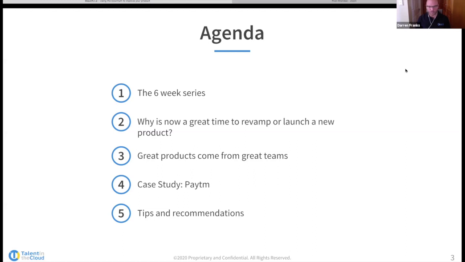I'm not going to spoil it because there are some really interesting learnings from that: what that company did during the last couple of downturns and how they've emerged to what they are today. Then we're going to be sharing some recommendations and tips for anyone here involved in product management or the product life cycle. The gentlemen here are very kind to share some tips and recommendations for you.